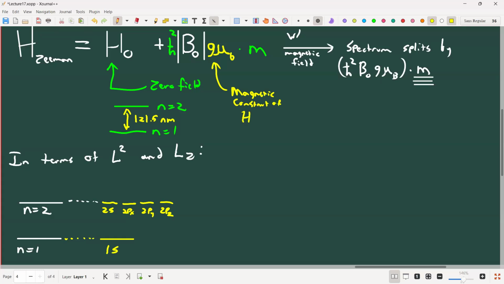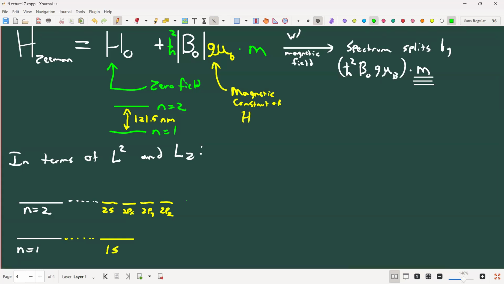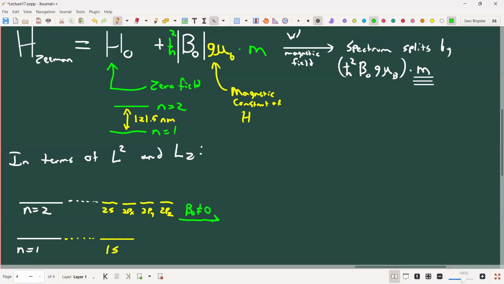The idea though is that when we turn the magnetic field on, these orbitals split based on their value of m. So when we set B0 not equal to 0, we turn the field on, and these levels change energy based on their value of m.